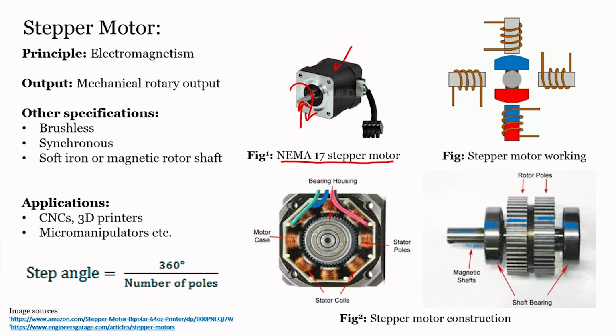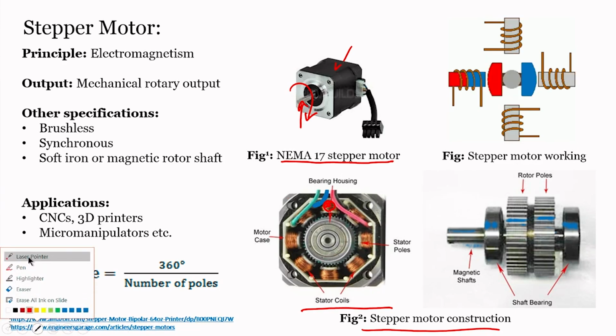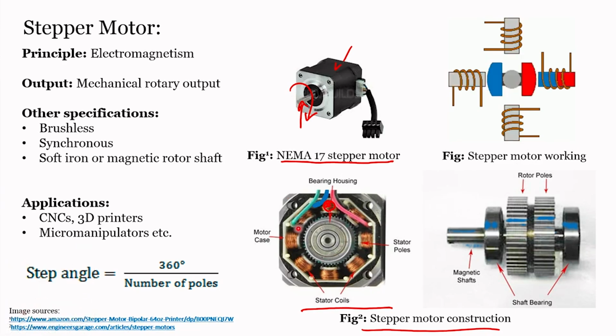You can see that this is the inside of the stepper motor. These two pictures show, in figure 2, the construction inside a stepper motor. You can see coils over here, correct? And there is a circular shape in the center, and this is the view from this side.